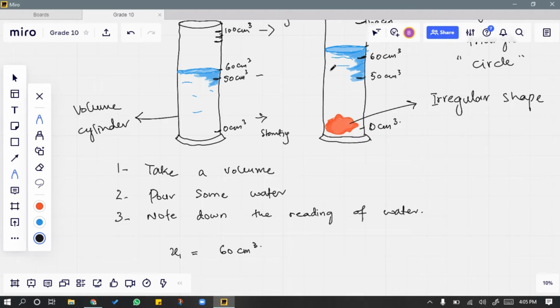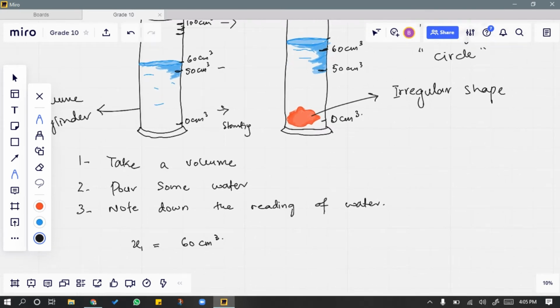Now take the object for which you want to measure the volume. This is a piece of stone. So a piece of stone has been taken for finding its volume.